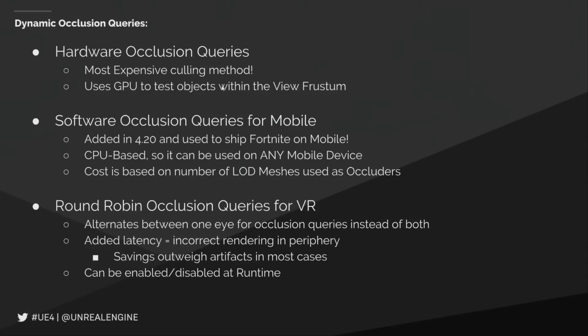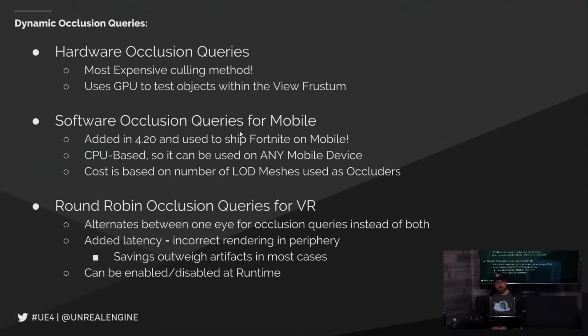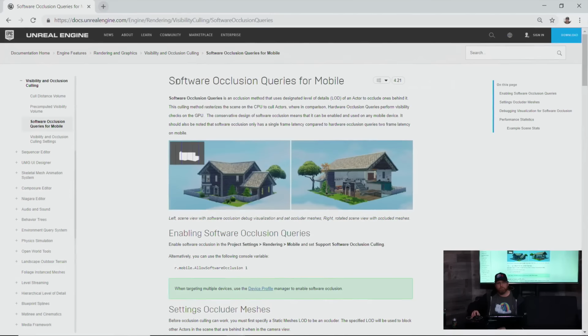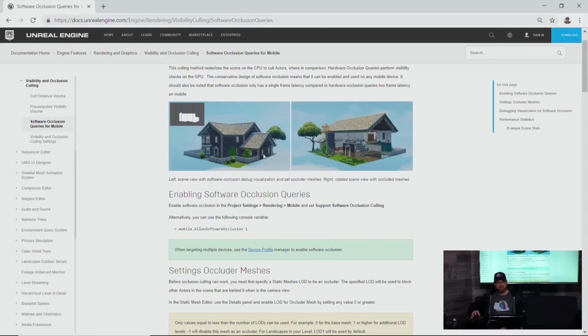So, software occlusion queries. This is a newer one that we added in 4.20, and we actually used it to ship Fortnite on mobile. It's CPU-based, and here I'll quickly pull this over. We have a whole dedicated page that shows you how to get it set up.